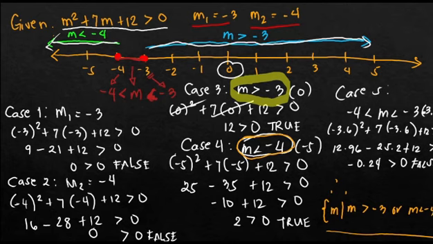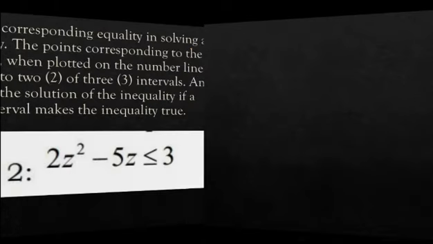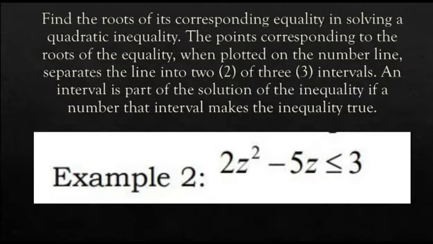Okay, so we can now go over with the next example. Example number 2. So the same manner, we are given here 2z squared minus 5z less than or equal to 3. So again, let us write it first as a quadratic equation in standard form.